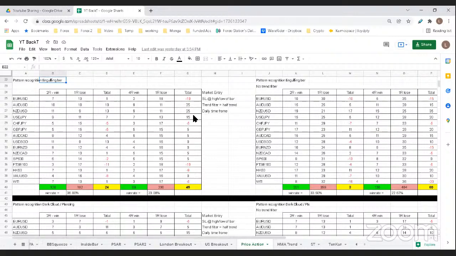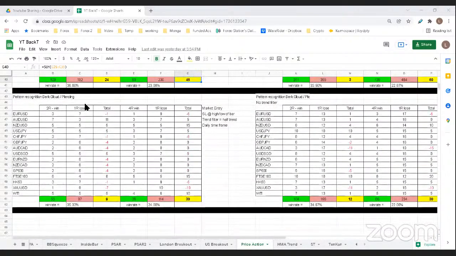Strangely, I've rarely encountered any price action indicator which marks engulfing just as engulfing body. Usually it goes for the traditional designation, which is the actual engulfing bar. But this one is engulfing body. With and without trend filter, you can see that both come back as profitable. Then, of course, the dark cloud piercing, which to me wasn't as good.